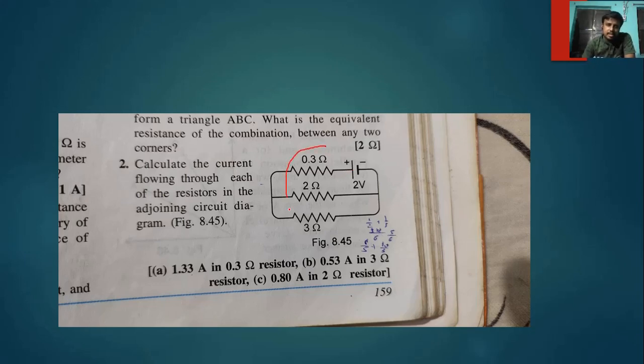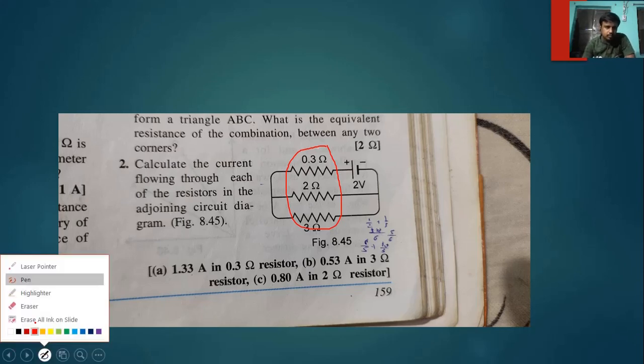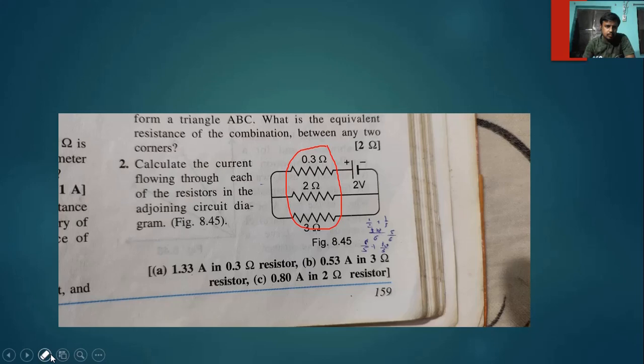Now tell me, whether these resistors are parallel with each other or in series with each other. Think about it. Got it? Okay, I'm telling you. These two, 2 ohm and 3 ohm, are parallel to each other.